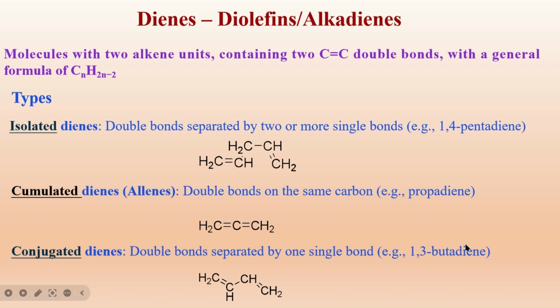Buta means 4 carbons, 1, 2, 3, 4. The double bonds are at the 1 position and the 3 position. And these two double bonds are separated by a single bond. This comes under the category of conjugated dienes.